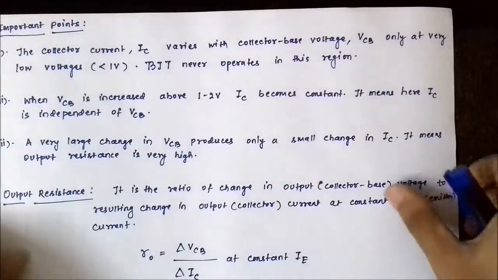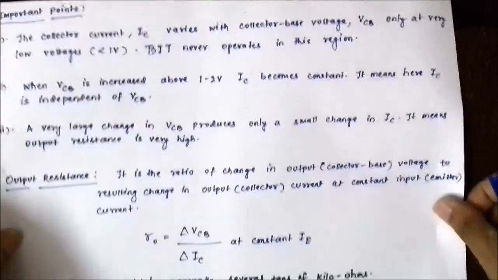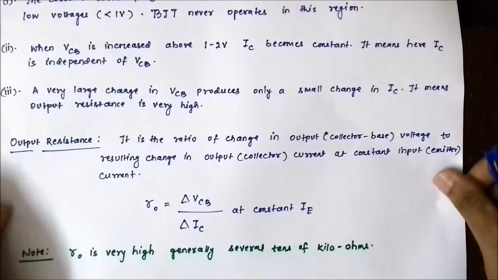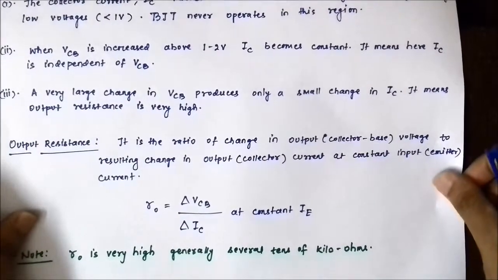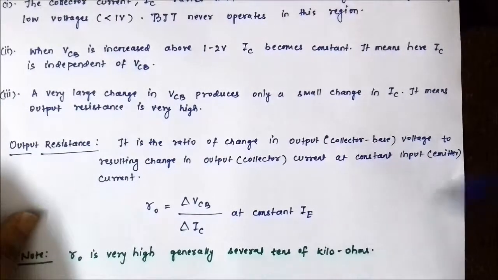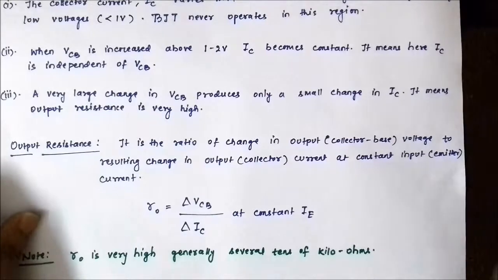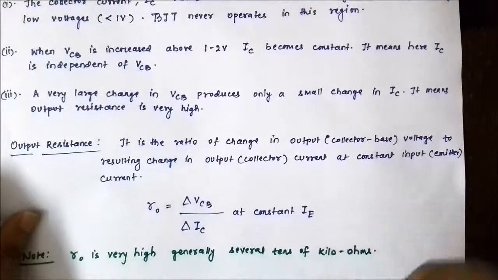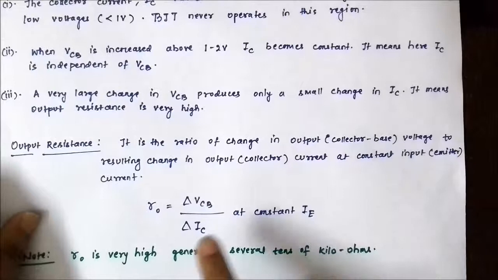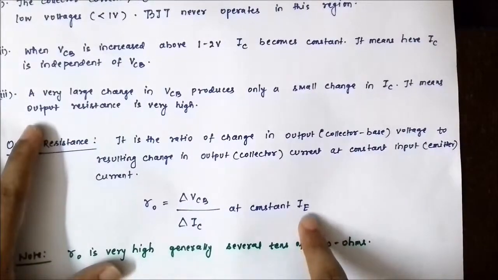Next, here the same things are written, you can note them down if you want. Now the output resistance. Similar to input resistance, the output resistance is the ratio of the change in output voltage to the resulting change in output current at constant input current. For common base mode BJT, the output voltage is VCB, collector to base voltage, the output current is IC, collector current, and the constant parameter is again the emitter current.